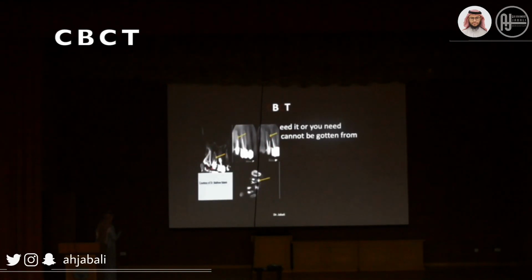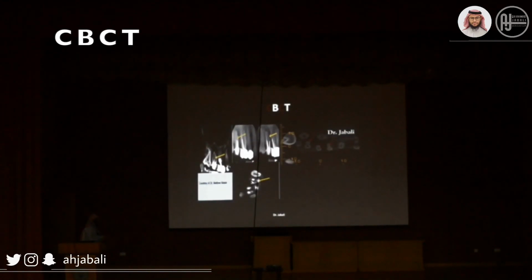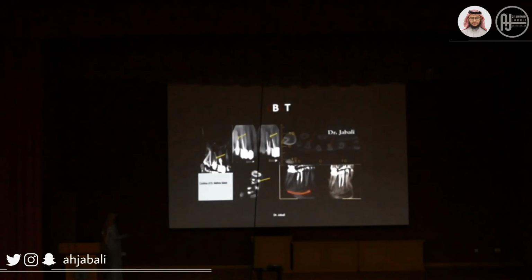But when we took the CBCT, there is a clear vertical root fracture. So CBCT is very helpful most of the time for your diagnosis. Also, you are going to know whether there are additional canals, or missing canals or not. Here also you are going to see the distance between the root apex and mandibular canal.